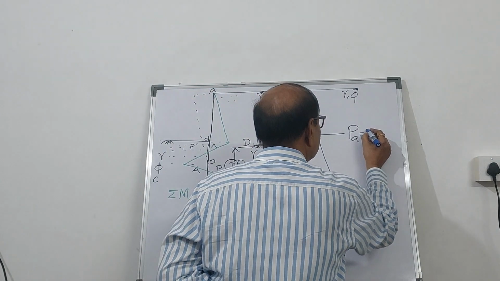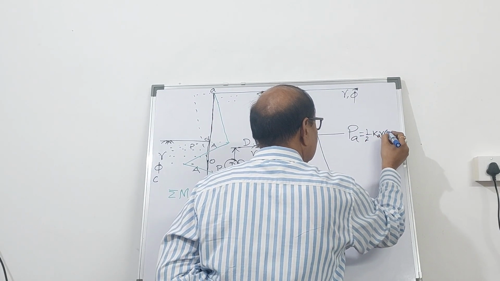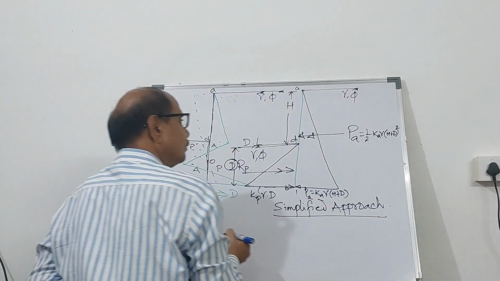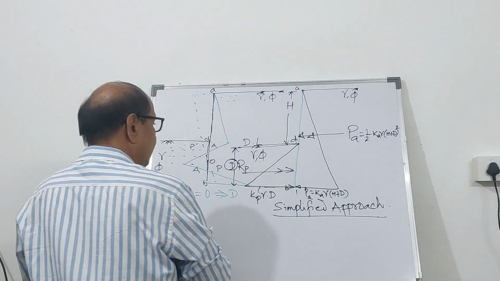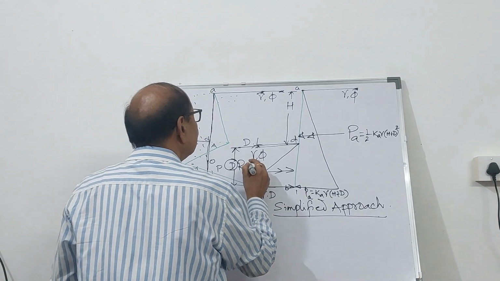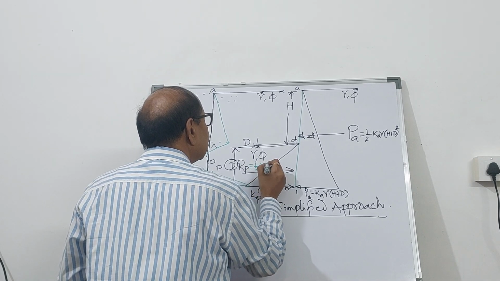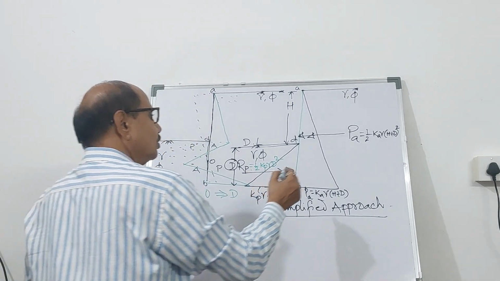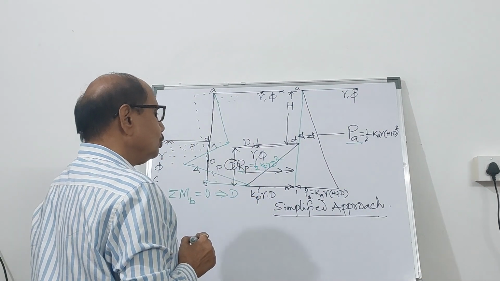It will be half K gamma (H plus D) whole square. That is the value of active thrust. And the value of this passive RP will be very simple, half Kp gamma D square. So both PA and RP are known to you.